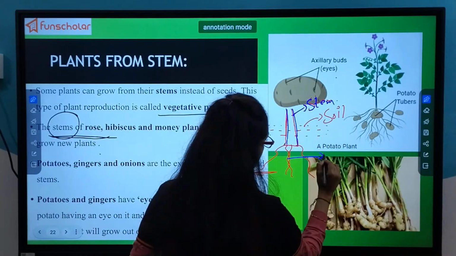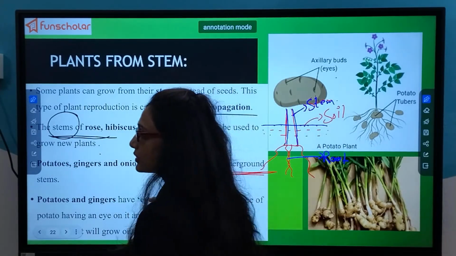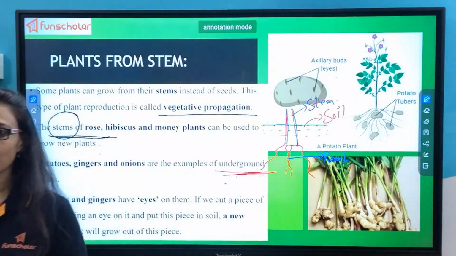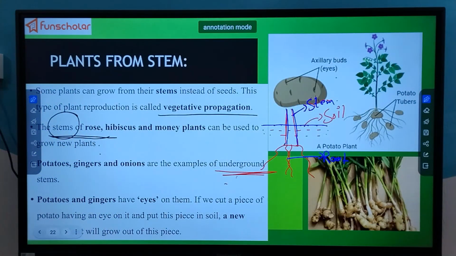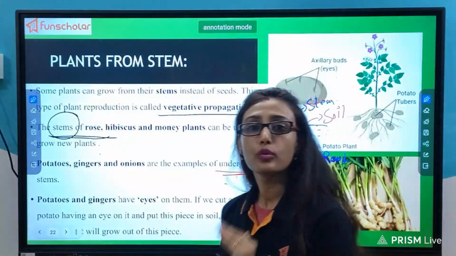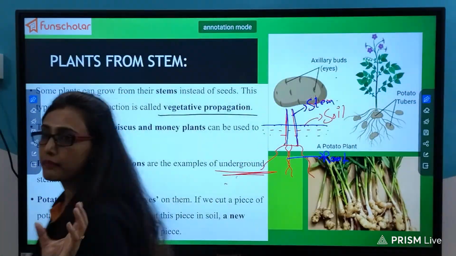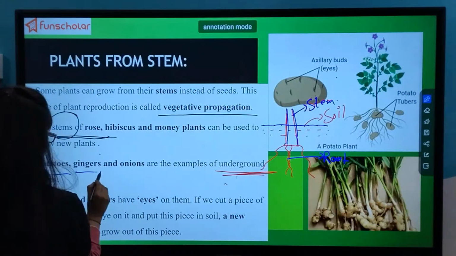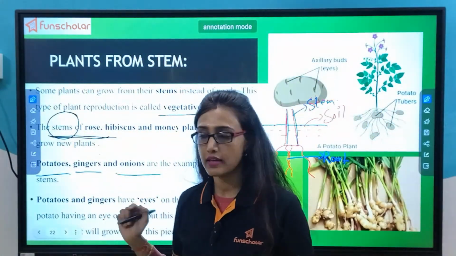A part of the stem is below the soil, that is known as underground stem. And what type of vegetables are underground? Potato, ginger, even onions, they are the example of underground stem.